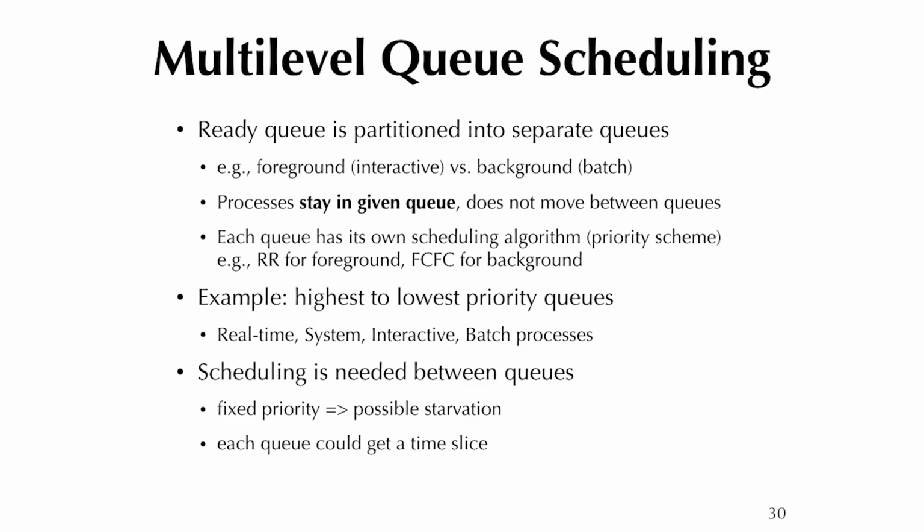Or another way would be to apply round robin, but uneven round robin. So maybe system ones get more slices, more time quantum, and the other ones still get round robin, but proportionally fewer. Or maybe certain ones come in more often, while other ones get more total time slices. Okay, so there are different variations possible.